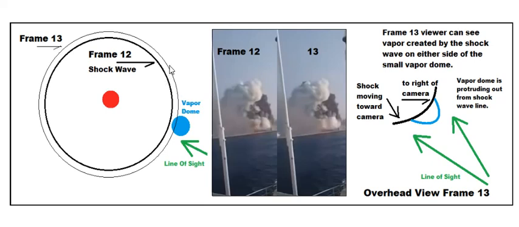So it depends on the conditions of the air where you're going to see the vapor develop. If you're looking straight into the shock wave like this, you're going to see splotches of vapor forming in different places, and you can't make the shape of the shock wave out.